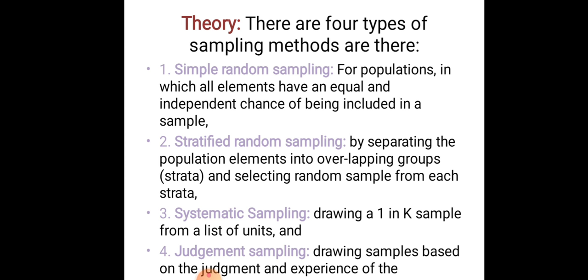The second one, stratified random sampling, by separating the population elements into non-overlapping groups, strata, and selecting a random sample from each stratum. Third, systematic sampling, drawing a 1 in K sample from a list of units. And fourth one, judgment sampling, drawing samples based on the judgment and experience of the sampler.